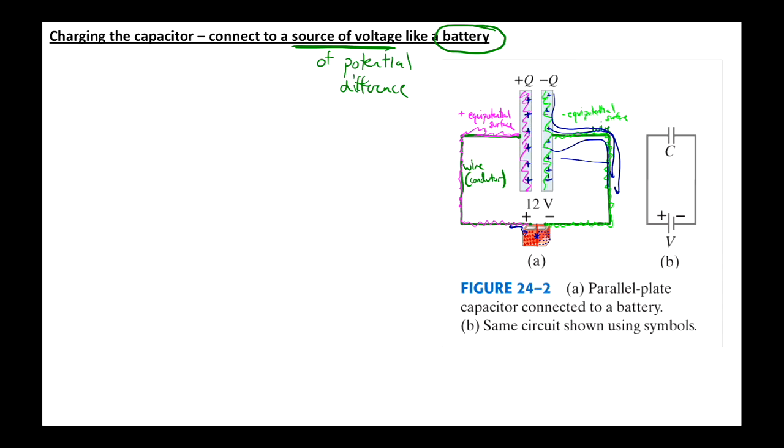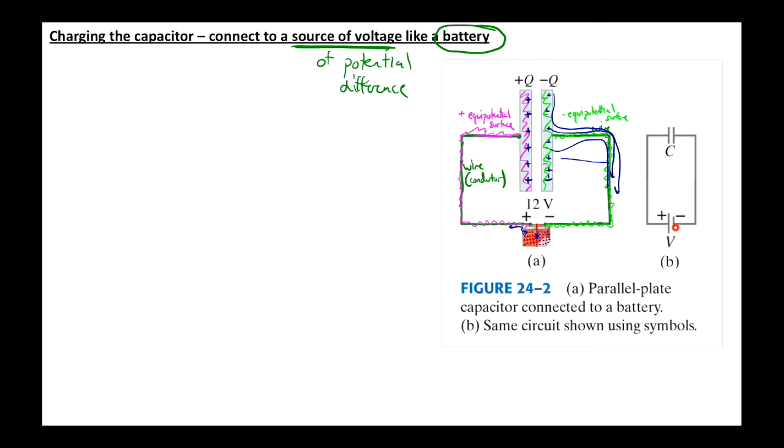Notice on the right, this is just a simplified drawing, a circuit diagram. Our first circuit diagram shows exactly what's in part A there, just without all the nice little artwork. Instead of actually drawing the plates with the charges, we've represented the capacitor with our little symbol for a parallel plate capacitor. The battery has a symbol of its own, similar to the capacitor symbol but a little different.